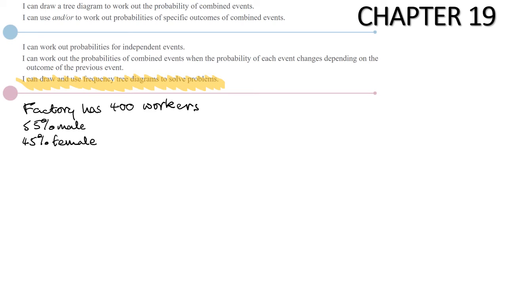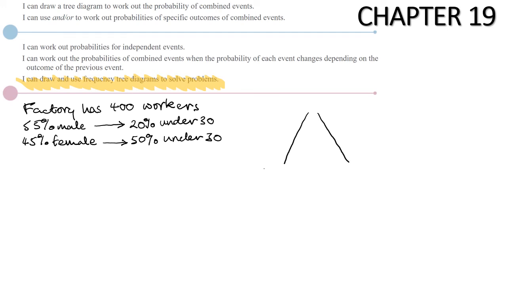And let's say out of the male, 20% of the males are under 30. And let's say that 50% of the females are under 30. And what we're going to do, we're going to represent this in a frequency tree. So it looks like a tree diagram, but we don't put probabilities on it, we put numbers.